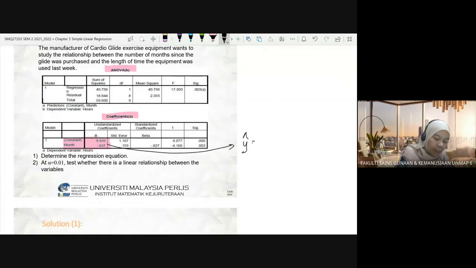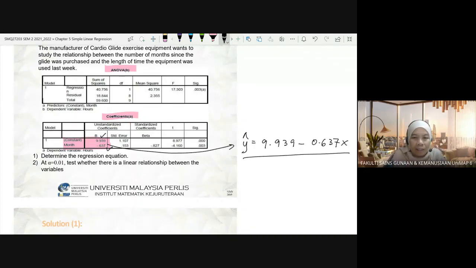So your y hat for this particular exercise would be y hat equals the coefficient of the intercept, 9.939, and the coefficient for x is negative, so negative 0.637x. This is your linear regression model for this example. And then you have your regression and your residual, which is your error, and then this is the degrees of freedom, and this is your F calculated.